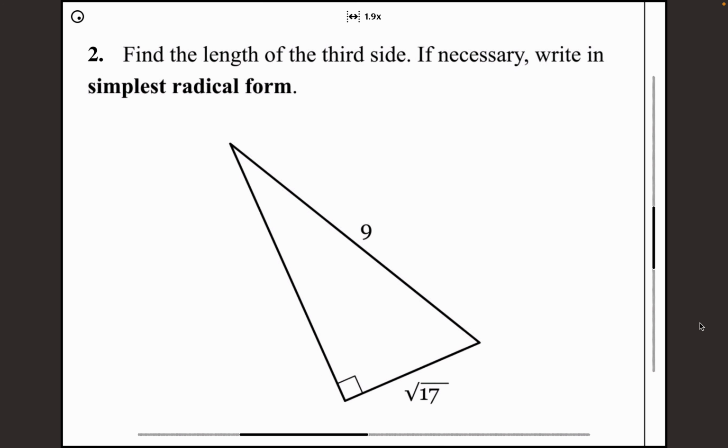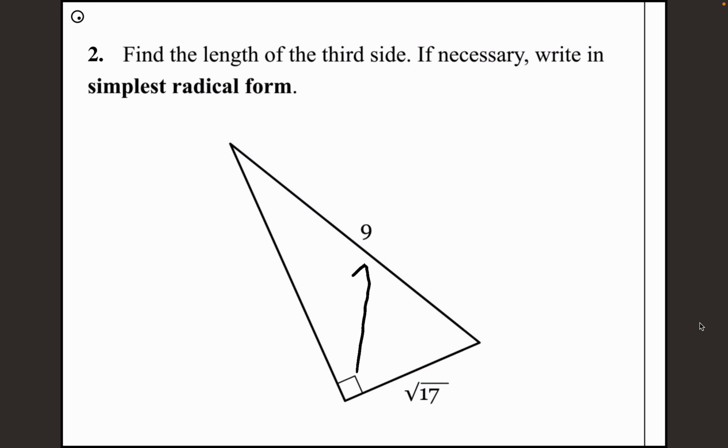So this one, we need to pay attention because one of the numbers is already a square root. If it's already a square root, it actually is going to make it a little easier for us. So this time, we need to find the missing side. This time we have our hypotenuse, so that's already going to be 9.